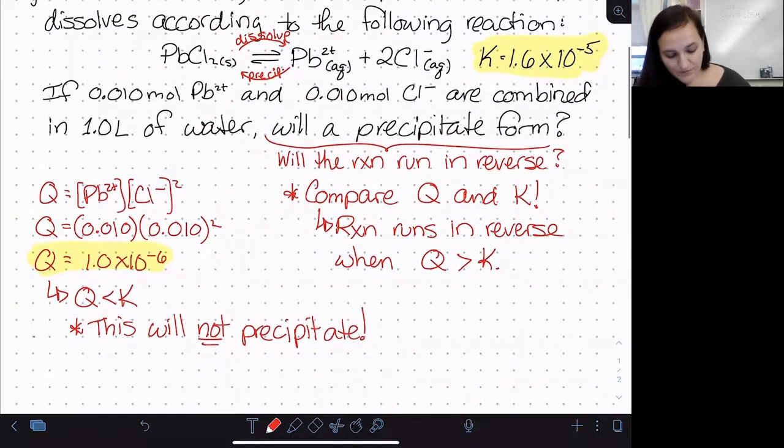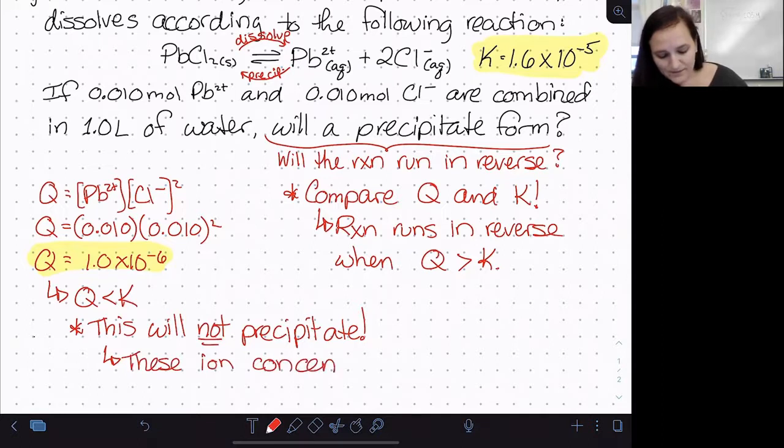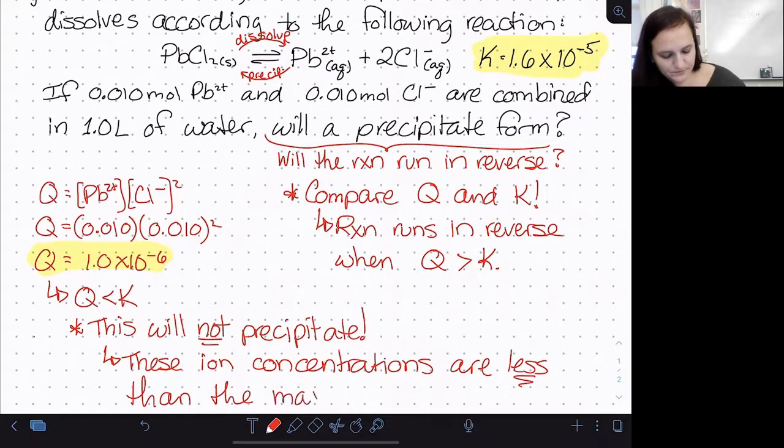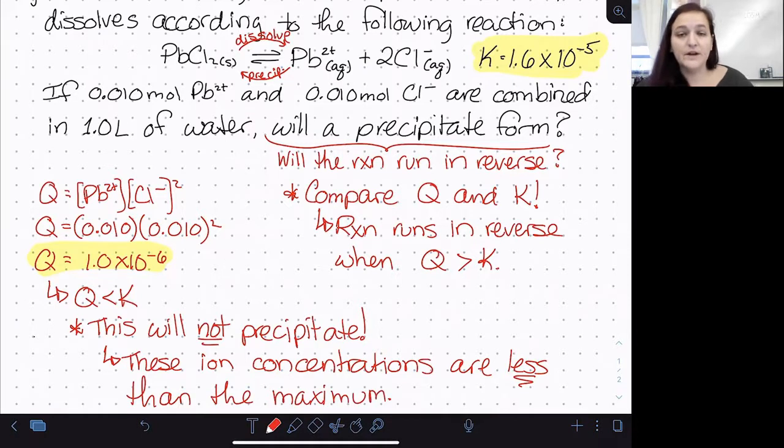because we could have more dissolved ions. These ion concentrations are less than the maximum, or less than the molar solubility, we could dissolve more lead chloride.